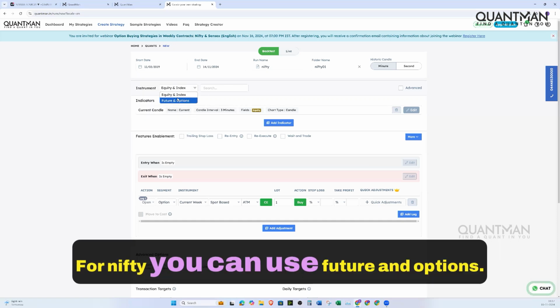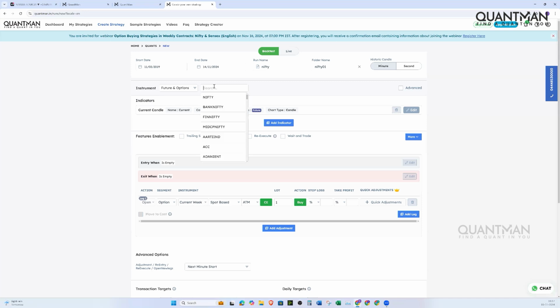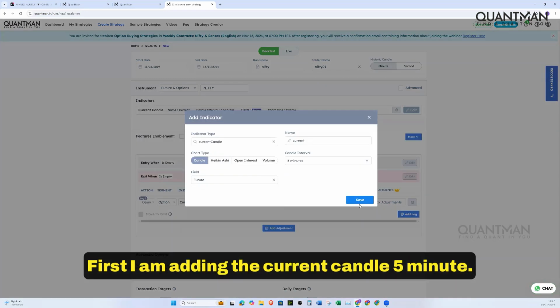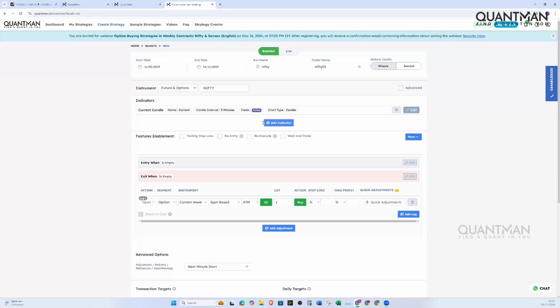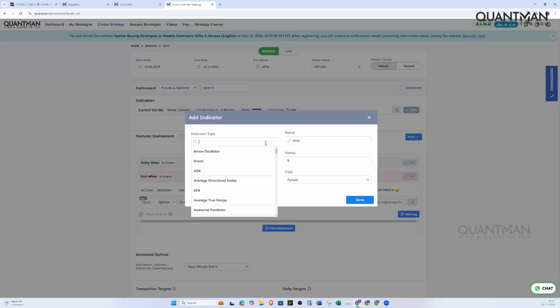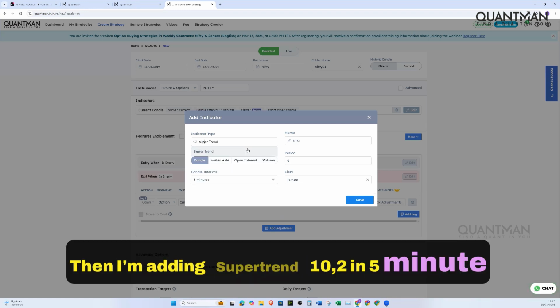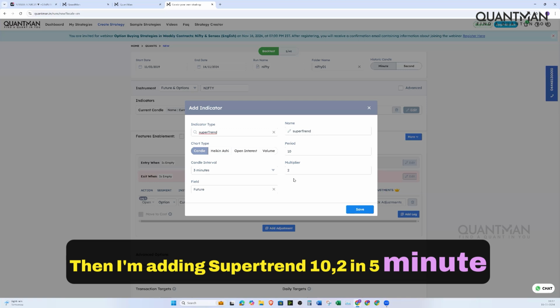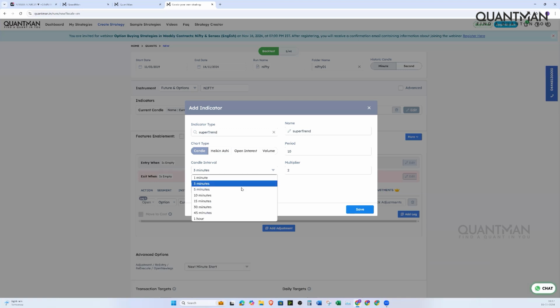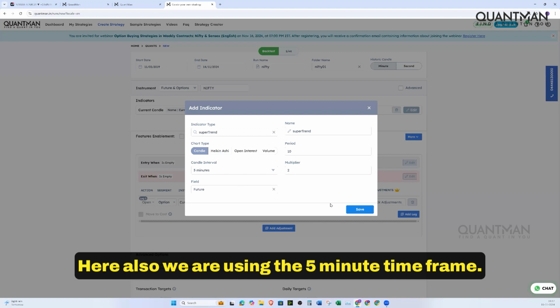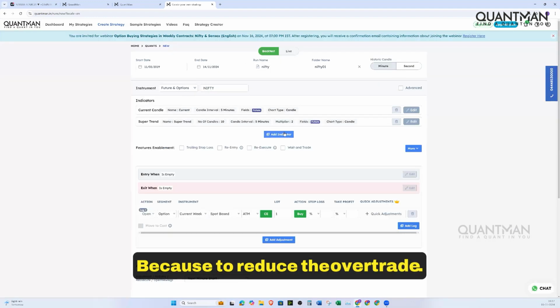For Nifty, you can use futures and options. First, I am adding the current candle, 5 minutes. Then I am adding super trend, 10,2 in 5-minute time frame. Here also we are using the 5-minute time frame to reduce overtrading.